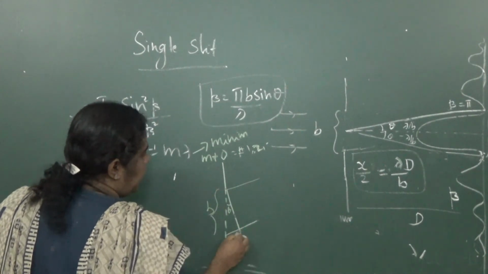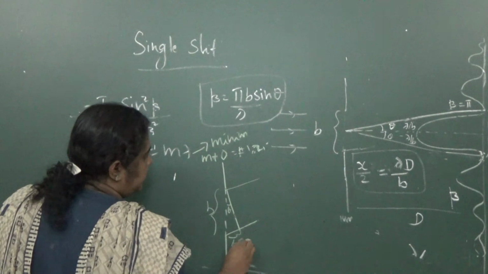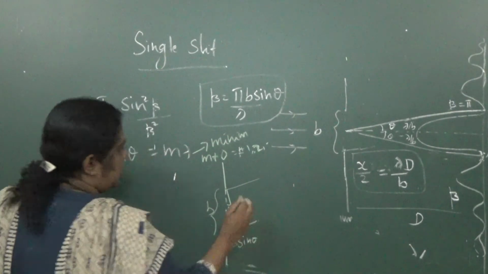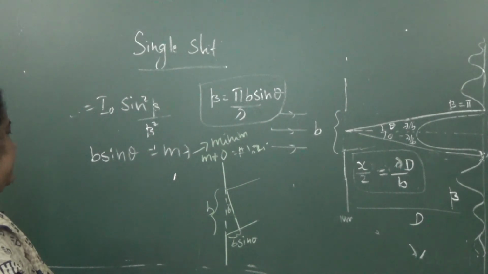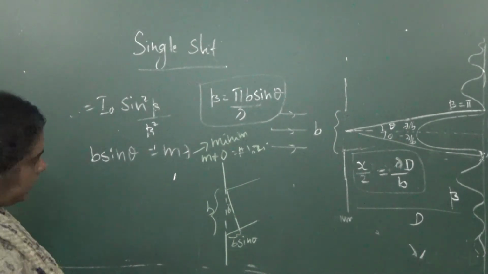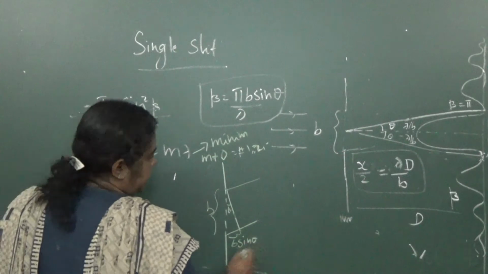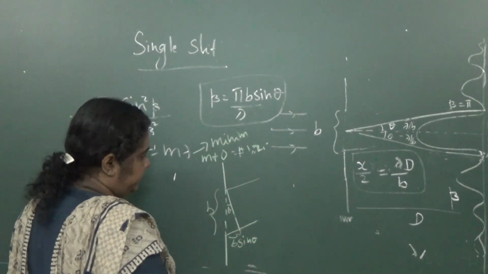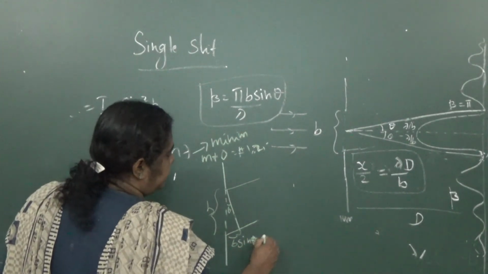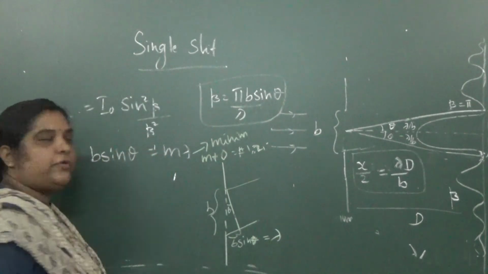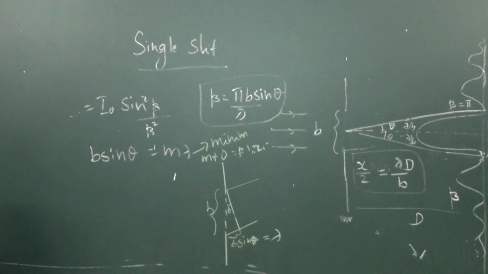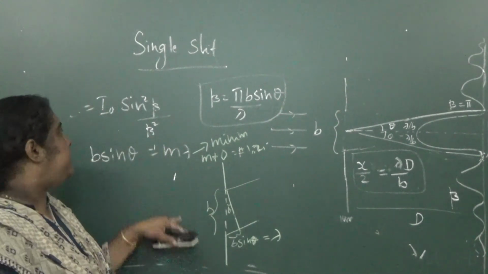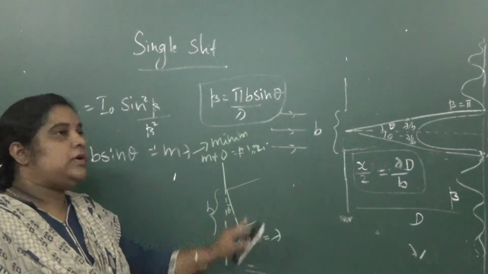This is our b sin theta. What happens is b sin theta is equal to lambda, our condition for minimum here, that we found from this equation.